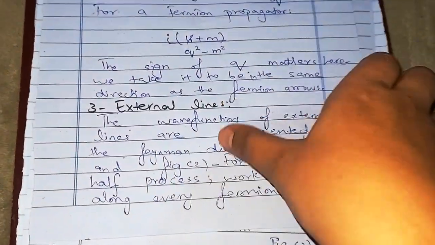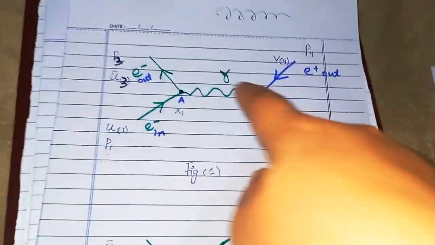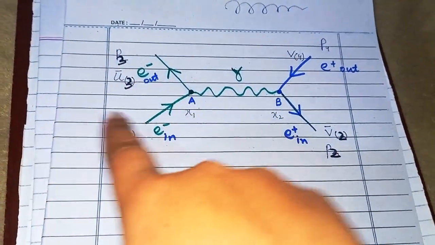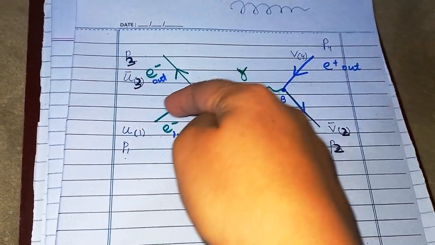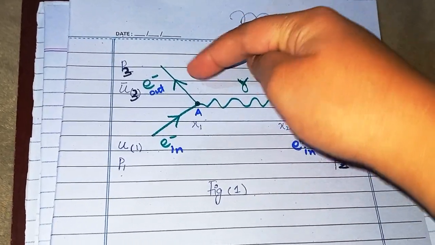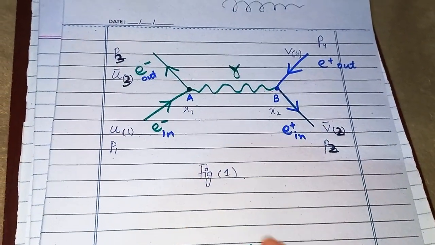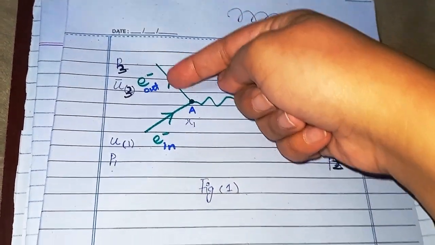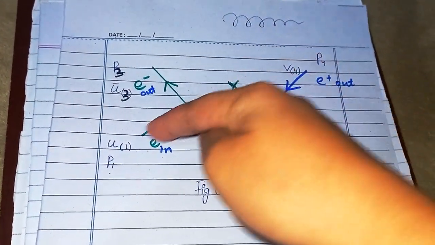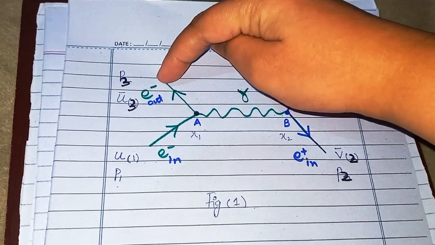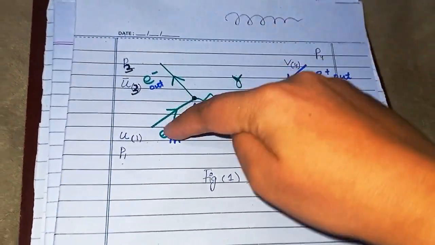What does that mean? Whenever we are writing the half process, we write in an order that goes against these arrow lines. We can see these are the fermion lines and they say work backward along every fermion line, which means we move against the arrows. They link with each other, so that will be one half process. We write its wave function first, then the vertex vector, then the other wave function.